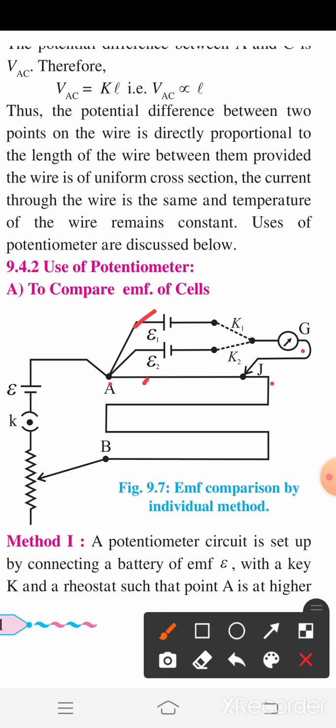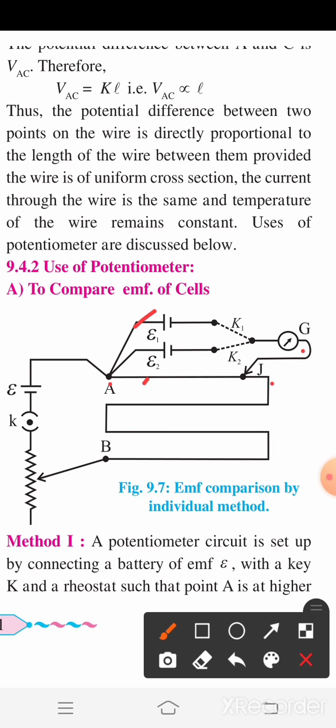The jockey can be placed at different points of wire AB to obtain the null point. That is the construction, the setting of the potentiometer circuit to compare the EMF of two cells using the individual cell method or separate method.